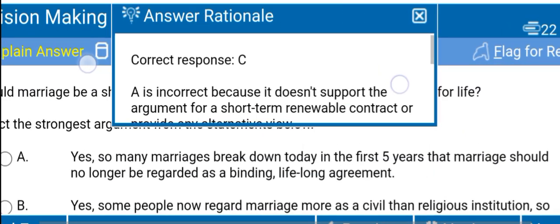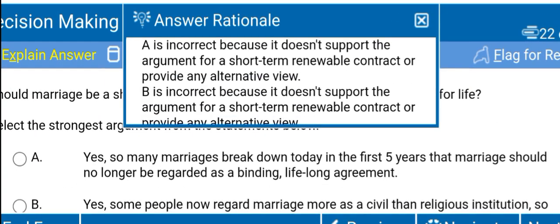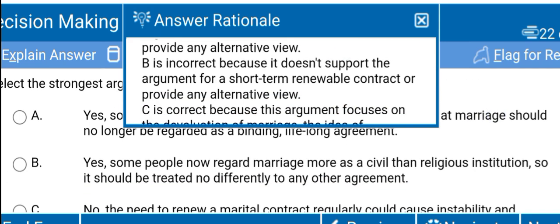So here we have the correct response is option C, but option A is incorrect because it doesn't support the argument for a short term renewable contract or provide any alternative view. Option B is incorrect because it doesn't support the argument for a short term renewable contract or provide any alternative view.